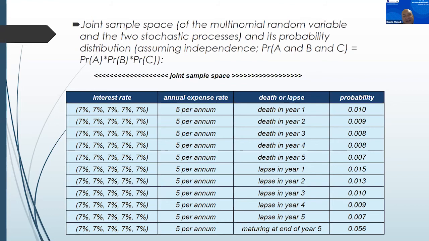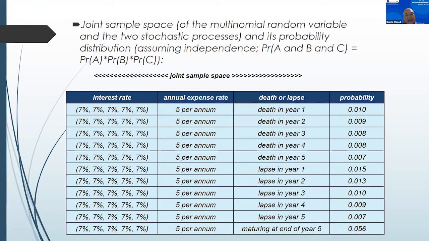So we have the interest rate column on the left, then annual expense in the second column, death or lapse in the third column, and the probabilities in the last column on the right. So you can see, we're basically combining the three.